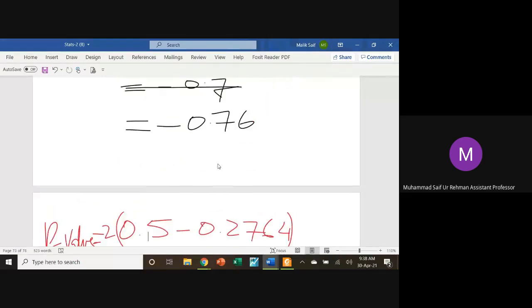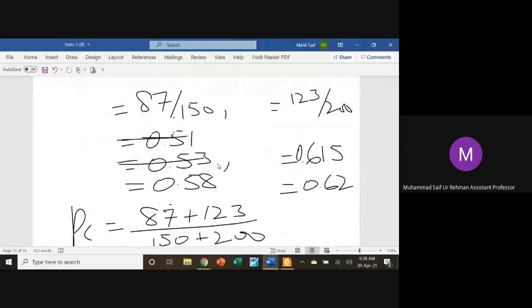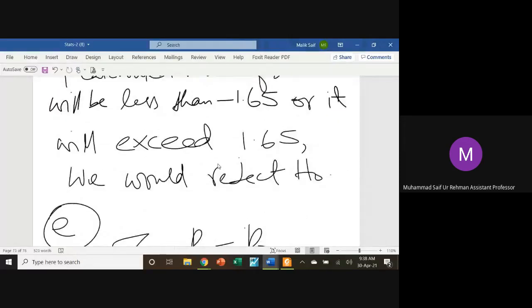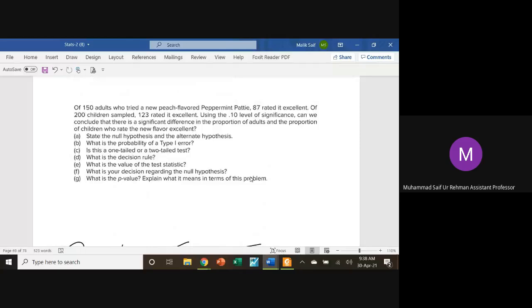Right. So now you have to give the interpretation, and interpretation has been asked as this. Explain what it means in terms of this problem. So you will say that it means that the population proportions are the same. It means that both adults and children said that the flavor was excellent, or they have rated the flavor as excellent.